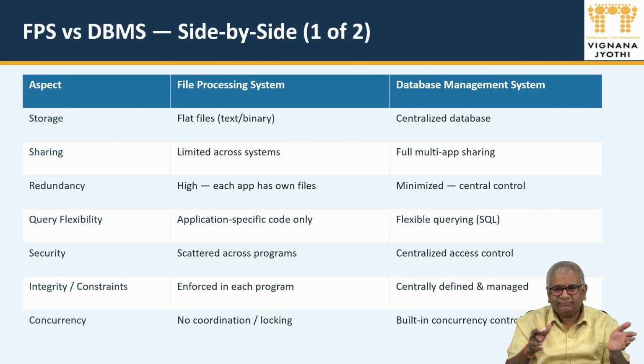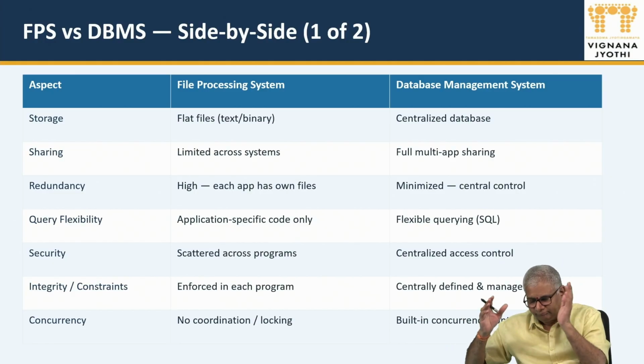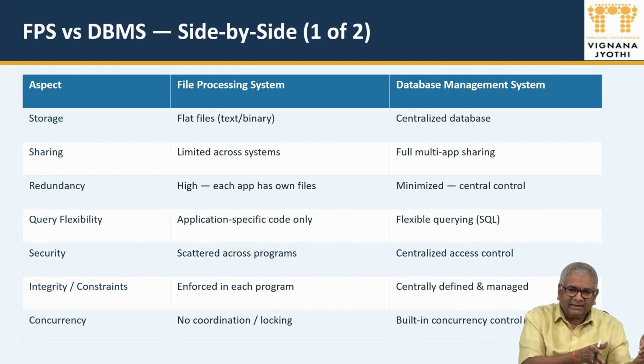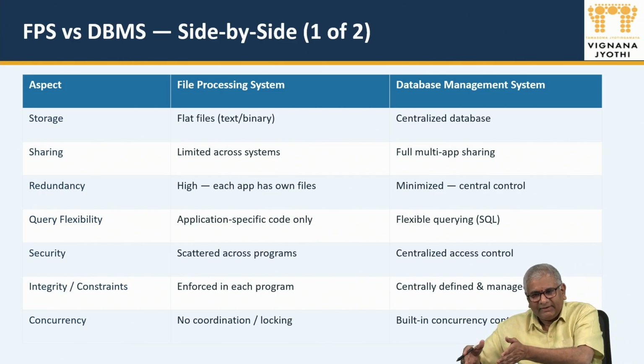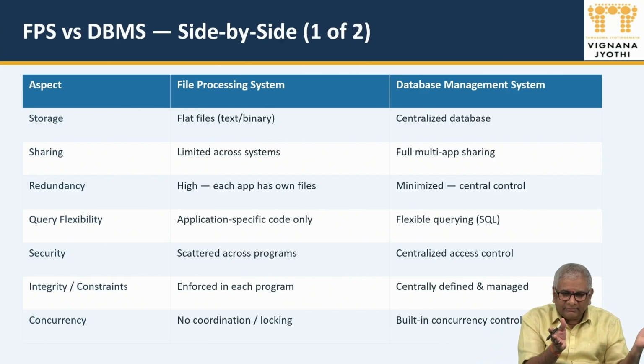Security: scattered. Some people may have security in FPS, whereas in DBMS, you can have control. Integrity constraints: again, it's on the programmer in FPS. It is centrally defined, well-defined and managed on the DBMS side. Concurrency: it's difficult.